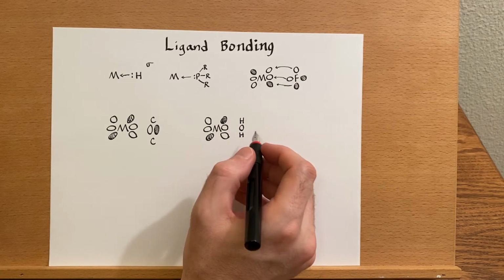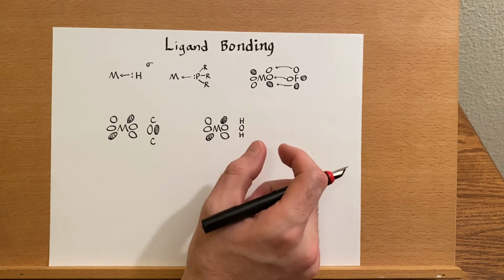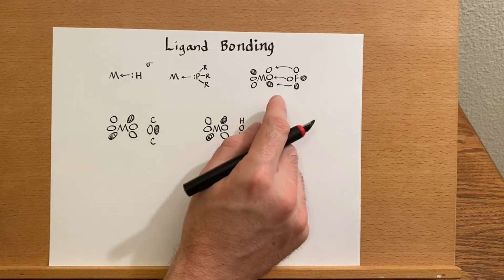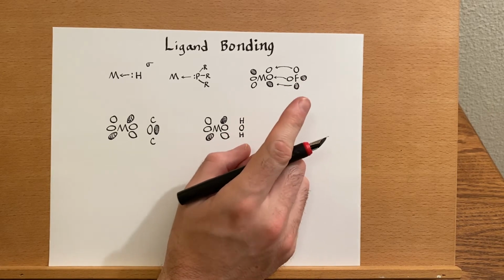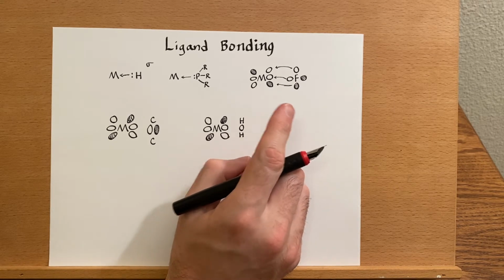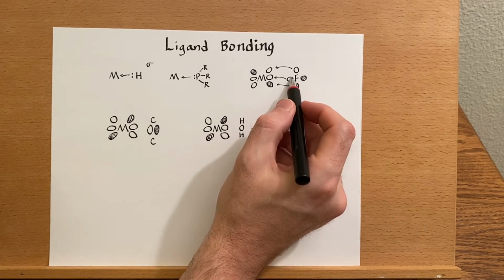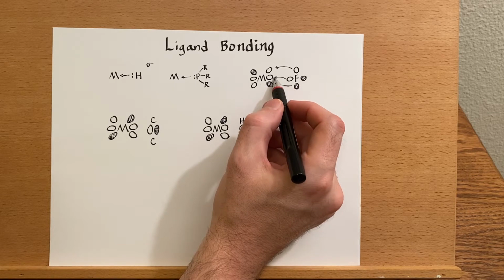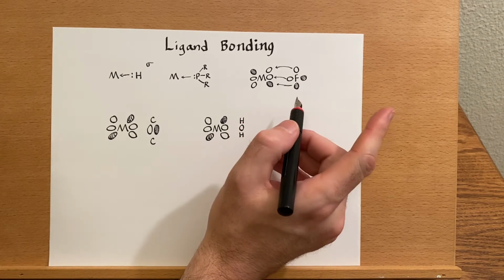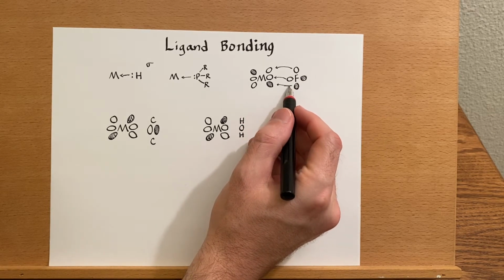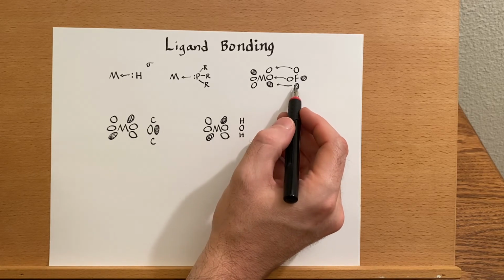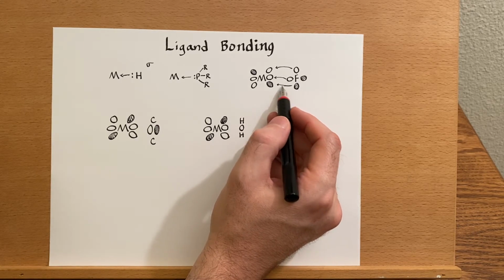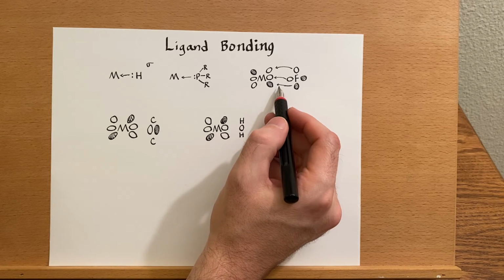Now, the effect of this is that not only the EG orbitals will increase in energy from the donation in the sigma fashion, the T2G orbitals will increase in energy as well, because there's pi donation towards the metal.